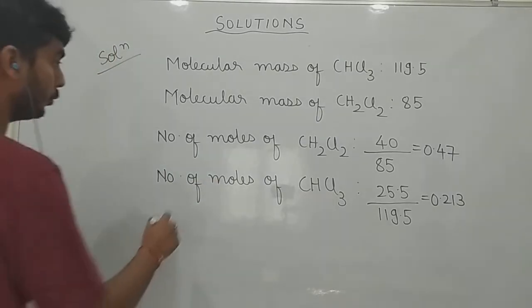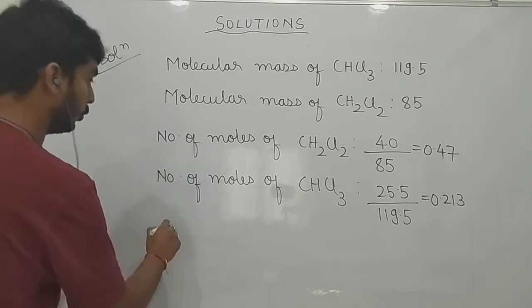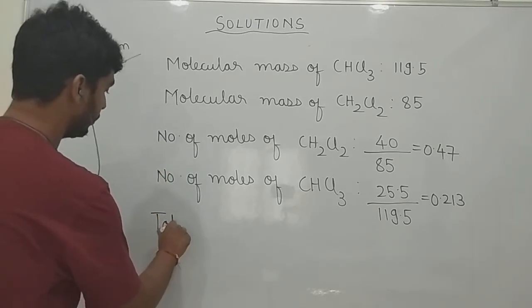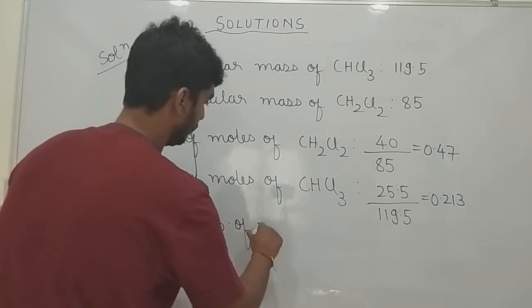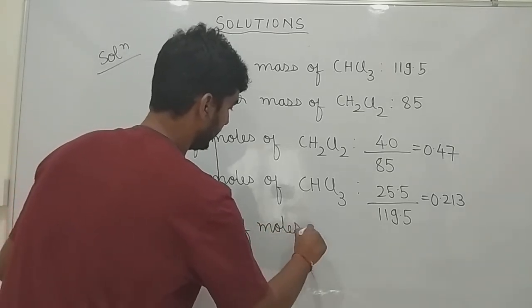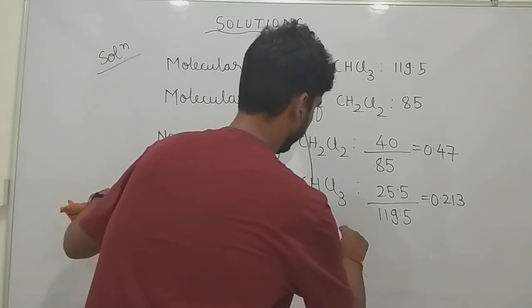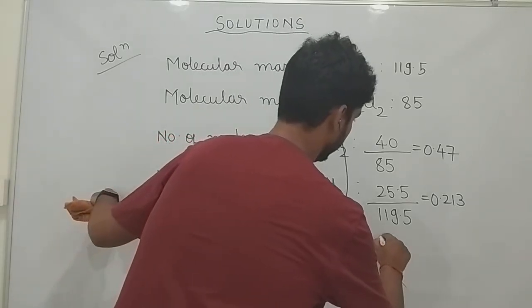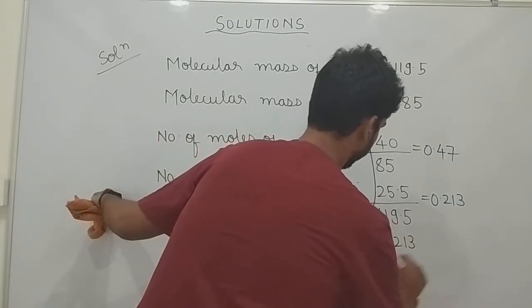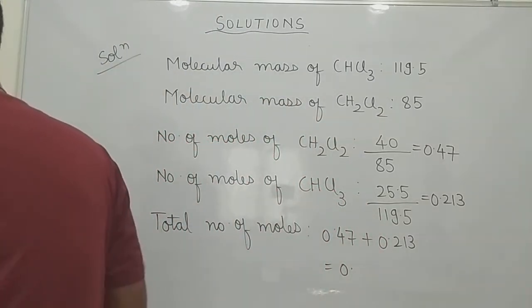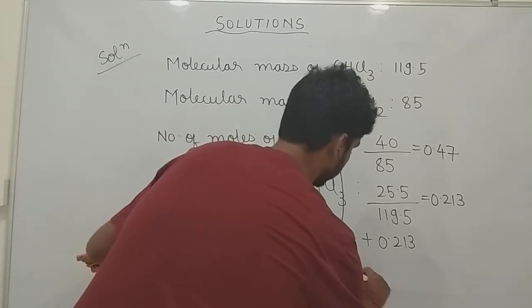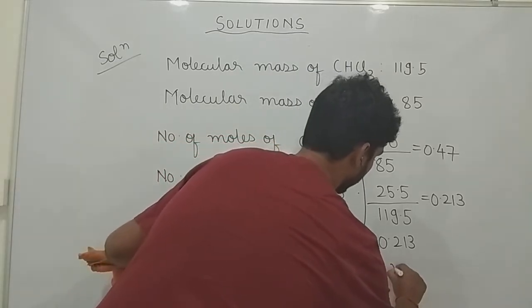So we know the number of moles of CH2Cl2 and number of moles of CHCl3. Now total number of moles will be how much? 0.47 plus 0.213, that comes out to be 0.683 moles.